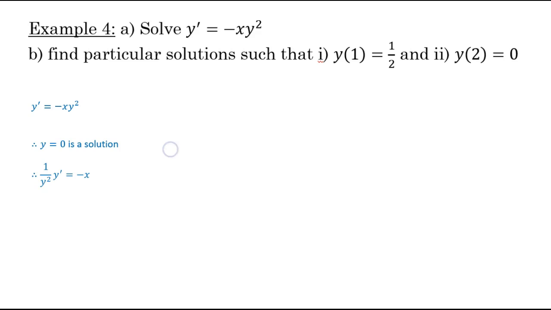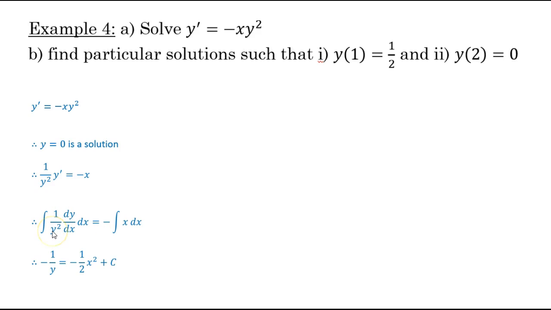Now, taking that aside, for all other values of y, I'm going to divide both sides by y squared. Now you can see I've got all my y's on the left, all my x's on the right. Integrate both sides. You've got to do the same thing to both sides. I'm integrating both sides with respect to x, but my dx is going to cancel out a little bit there, and I'm left with the integral of 1 over y squared dy equals the integral of negative x dx.